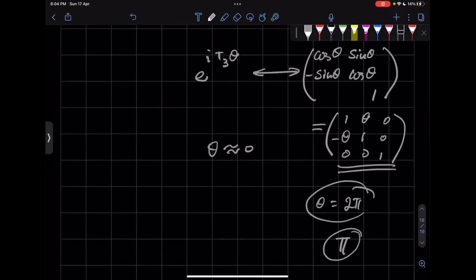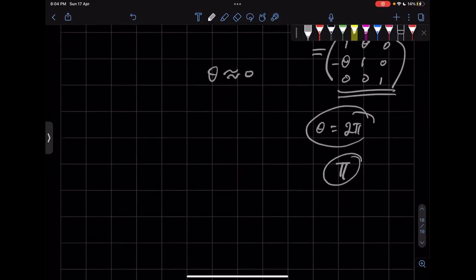But this is very qualitative, because I haven't really given you a formal measure of distance. You can easily have a formal measure of distance.